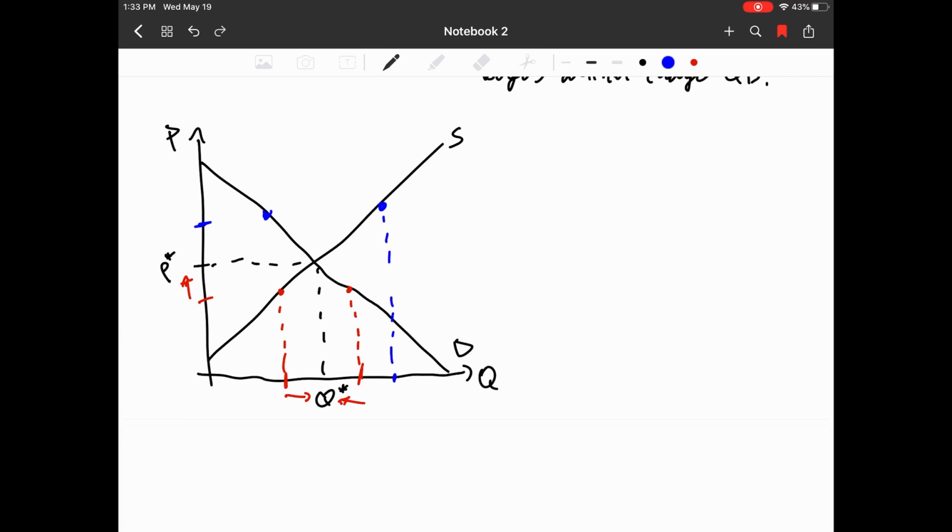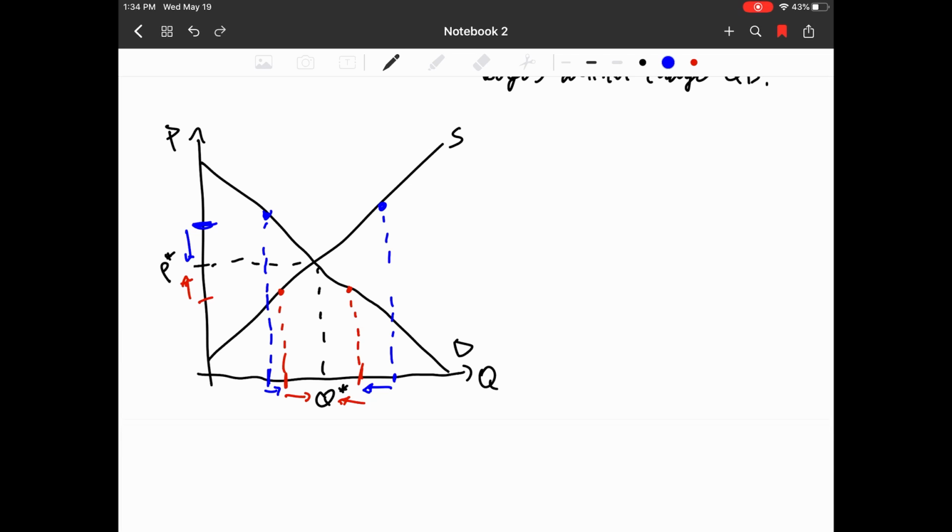Quantity supplied is greater than quantity demanded, so there's excess supply, which means buyers are able to pay less than they currently are, and sellers, because they have excess, are trying to sell their goods. So they're going to accept a price that's lower than the market price, and so we get this pressure back towards equilibrium, both for price and for quantity.